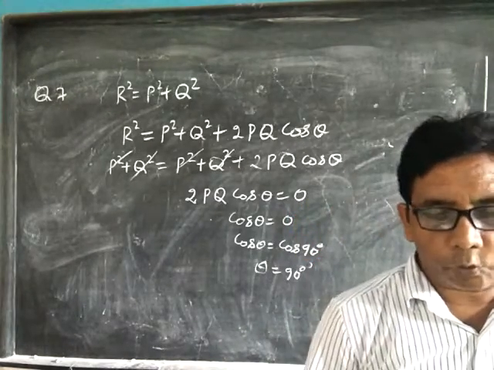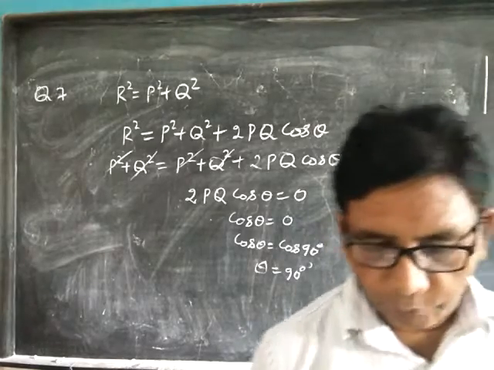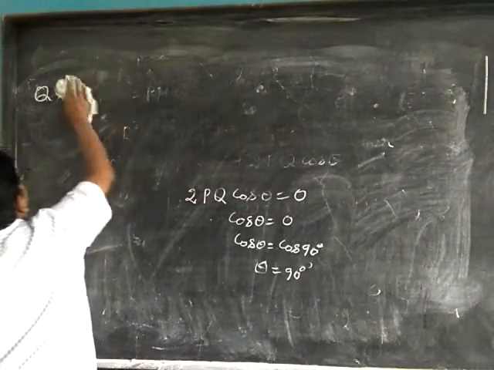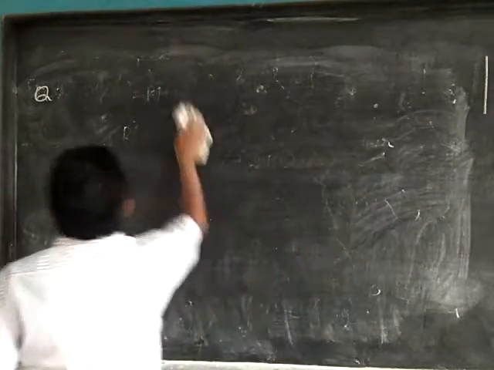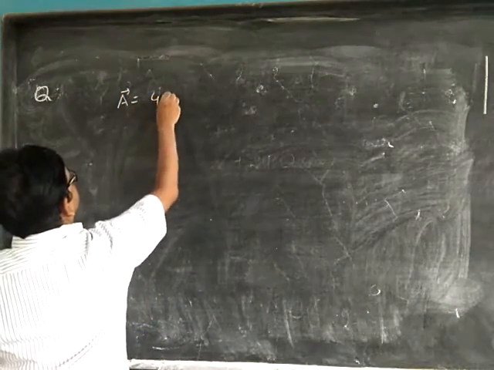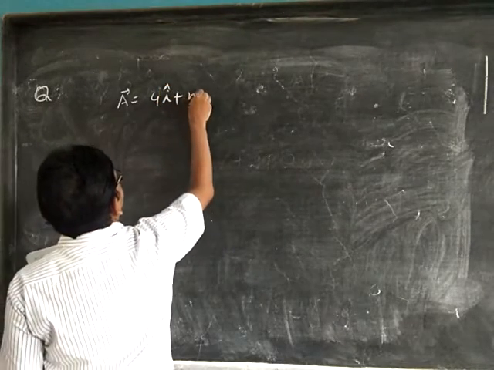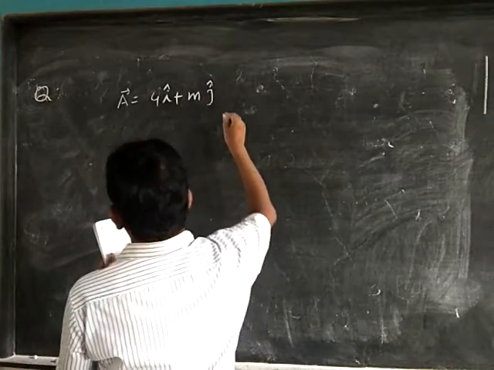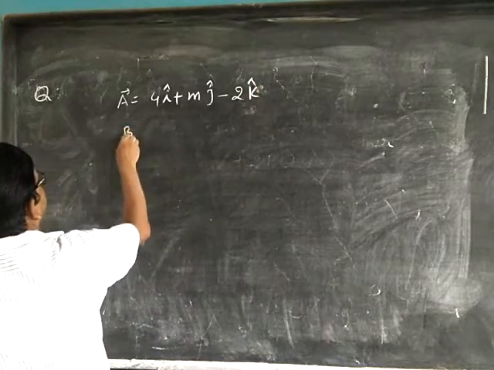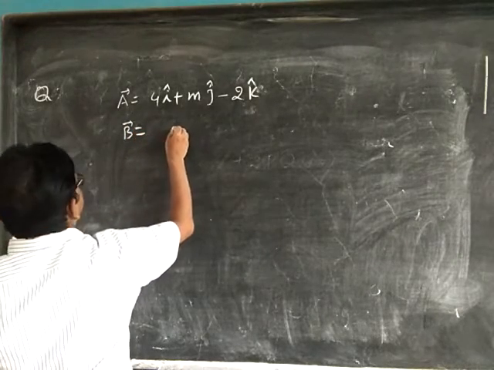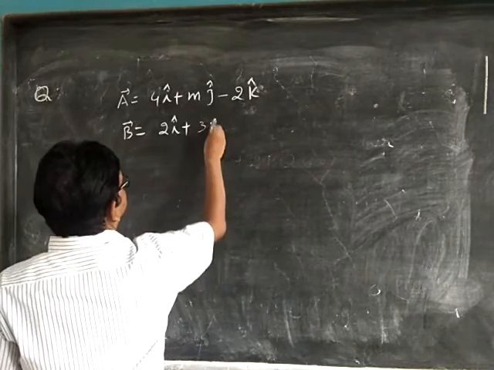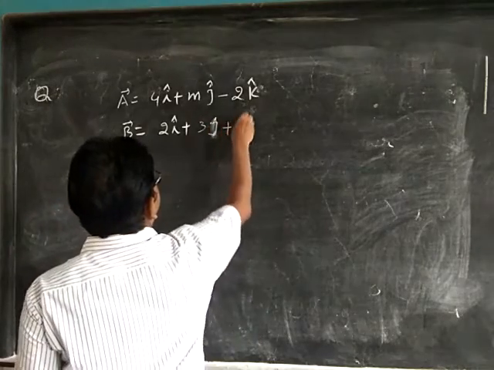Now we will discuss the next question. Determine the value of m so that vector A is equal to 4i plus mj minus 2k, and vector B is equal to 2i plus 3j plus k.